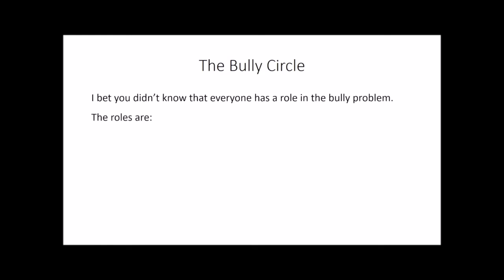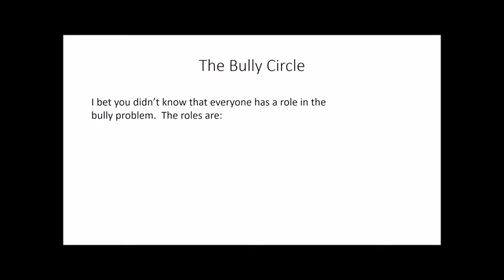The bully circle. I bet you didn't know that everyone has a role in the bully problem. The roles are the target, the bully or bullies, the followers, the supporters, the bystanders, the possible defenders, and the defenders.